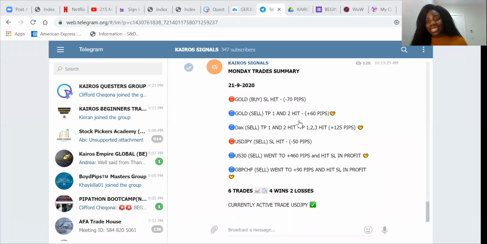Only 2 losses, and on average we made around 600-odd pips in total, even including the losses. If you caught these trades in the Kairos Signal group, you would have been securing your Pip Club entry and making money in the meantime as well.